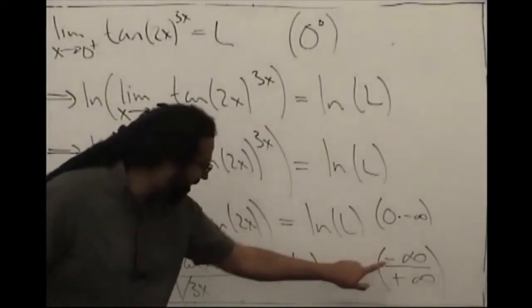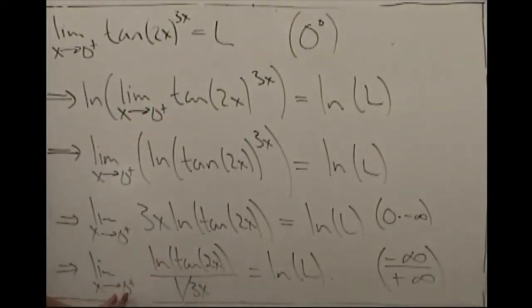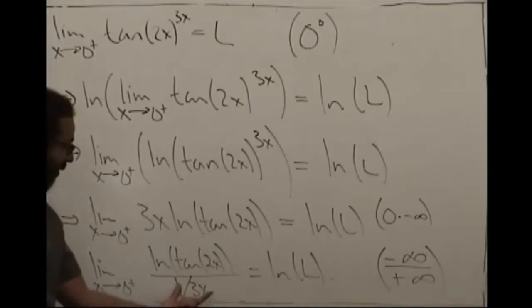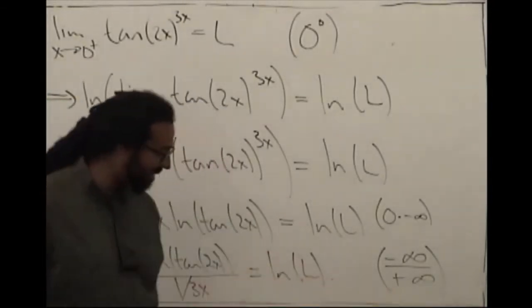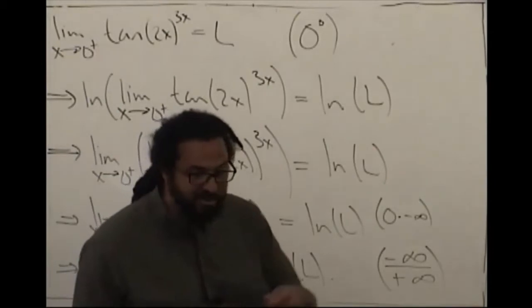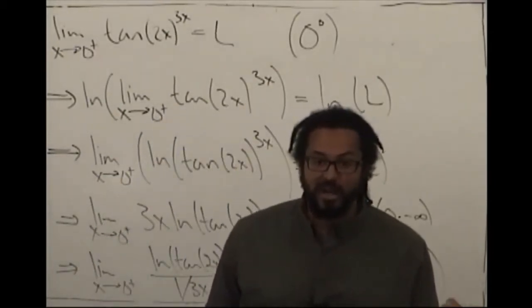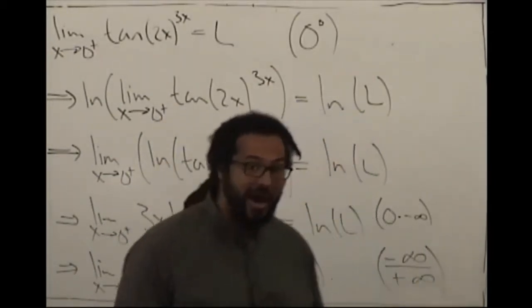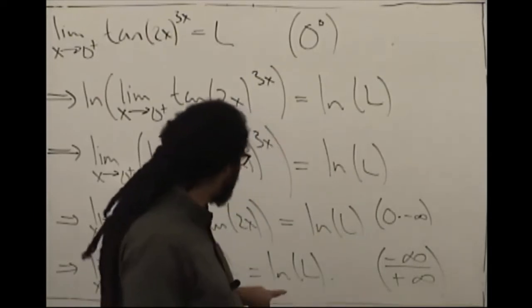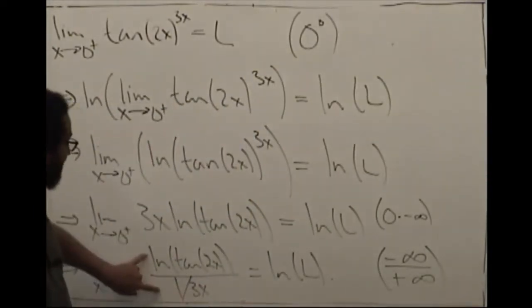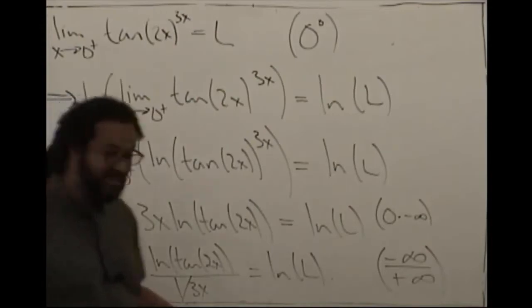So we get a negative infinity in the numerator, and then as x goes to 0 from the right, I get a positive infinity in the denominator. So now I've returned to one of the two good indeterminate forms. Now I can apply L'Hopital's rule, and see if we can get a good final answer.